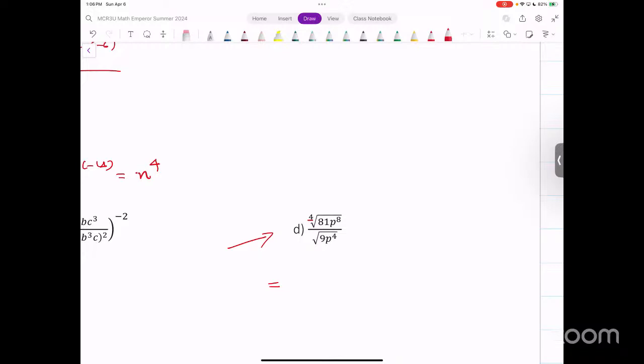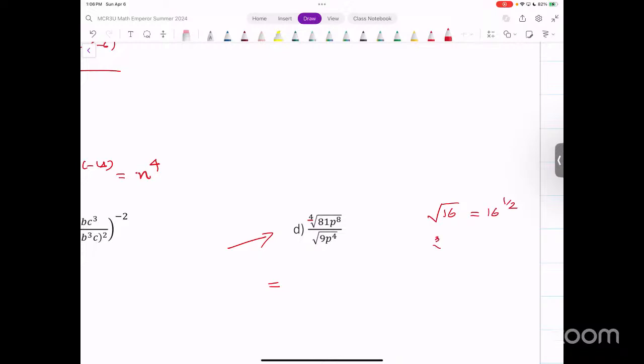Guys, when you have square root of 16, it's 16 to the power of 1/2.